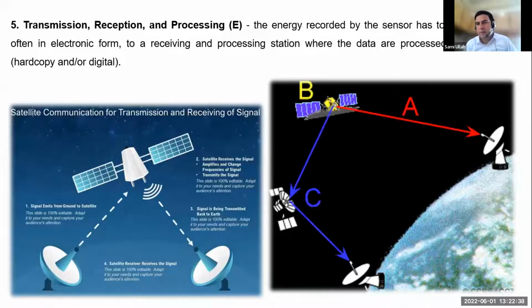When the light goes back through the atmosphere, it is detected by the sensor, which is available either in satellites, aeroplanes, or drones. These sensors detect the light, and the energy is recorded by the sensor. This is transmitted, often in electronic form, to a receiving and processing station, where the data are processed into an image or digital form.